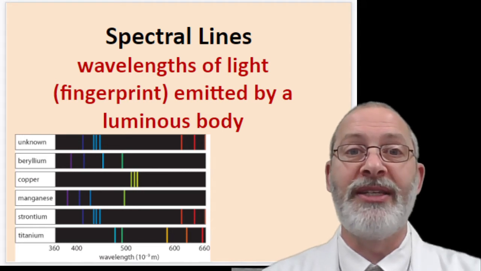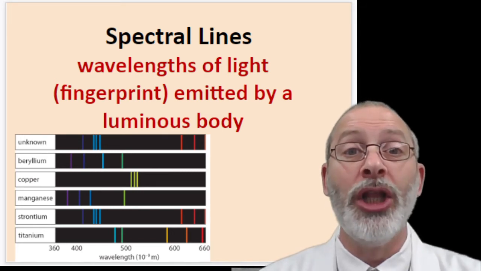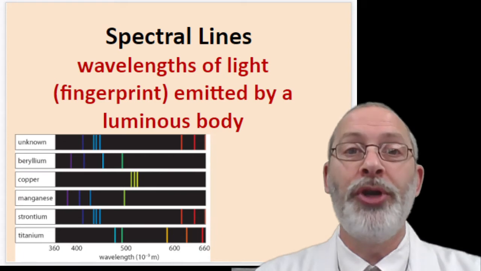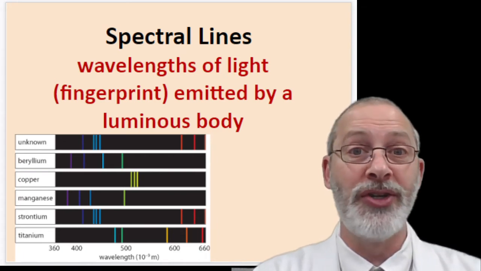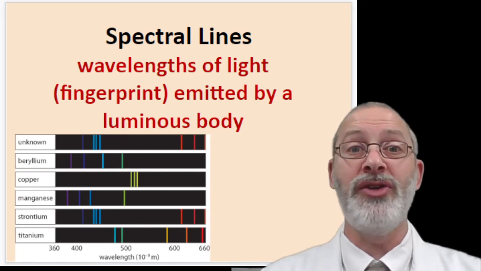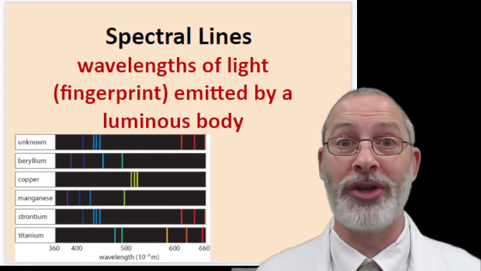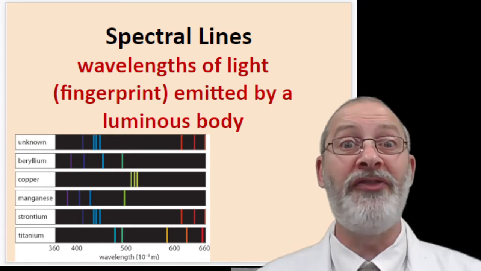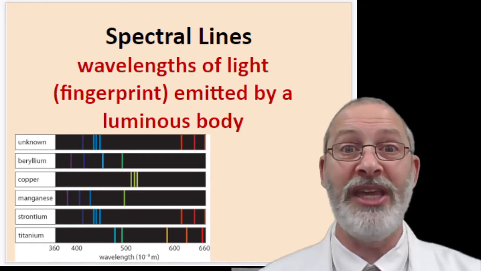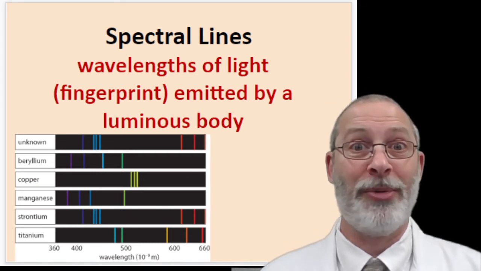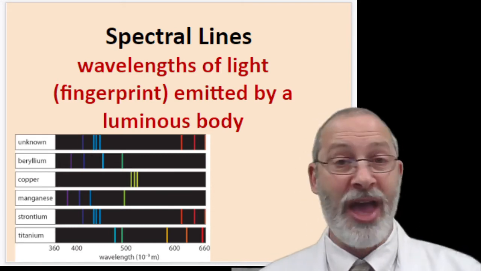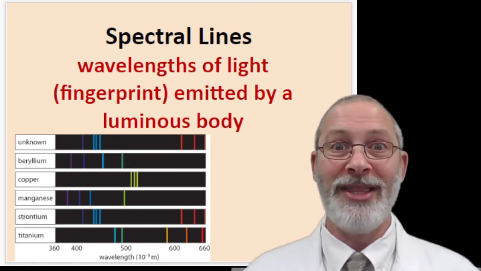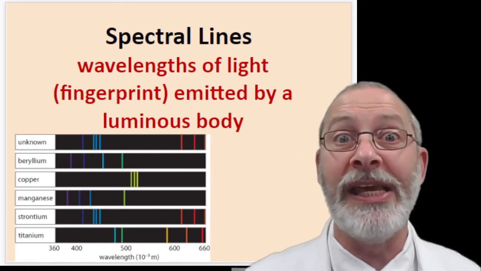We will see that different elements, when glowing, produce different colors. Incidentally, it's how you get different colored fireworks on the 4th of July. If you get green fireworks, that's a result of the element copper. Copper glows green. If you have red fireworks, that's the result of strontium.